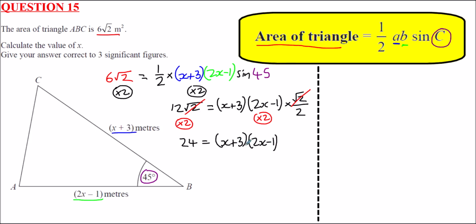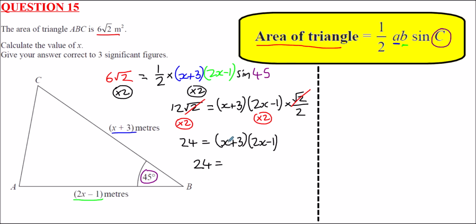So this isn't a standard quadratic where it all equals 0. This one here is all factorised, so I need to expand back out and get it all equal to 0. So 24. So what we can do here, we can either use the grid method or FOIL, whichever you want to use. Just for speed, I'm going to just do it the quick way.